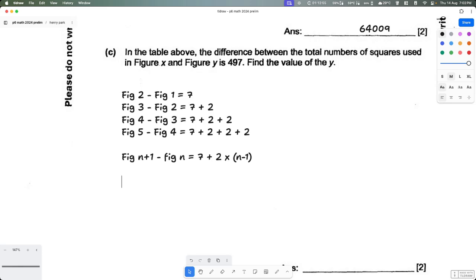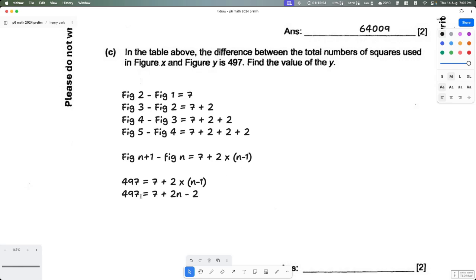Okay, so now we know that the difference is 497, so we can just write 497 is equal to 7 plus 2 times n minus 1, right?